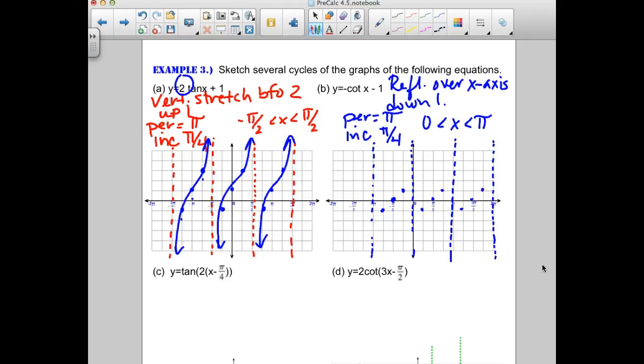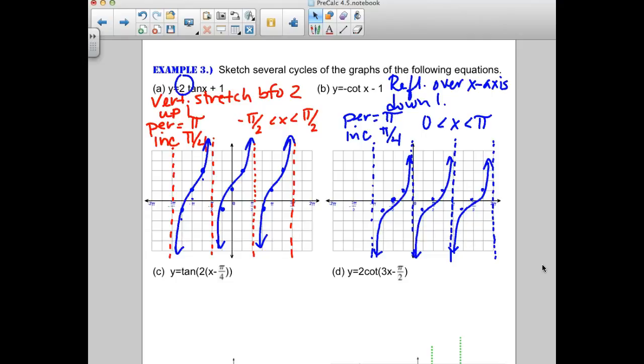It's going to look an awful lot like what? It's going to look like a tangent curve. That's the one problem with cotangents and tangents. They look so much alike. Simply by reflecting it, you get the look of the other one. You know, I did this last hour too. I forgot the down one. All right.